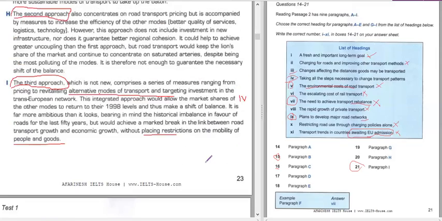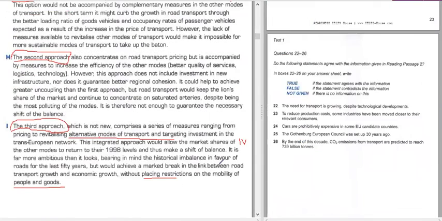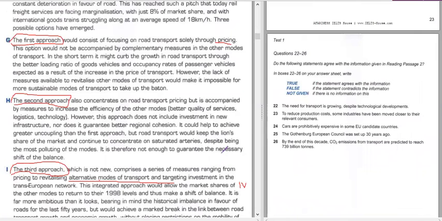Then it is true, false, not given. Which one was wrong here? True false, question 23: To reduce production costs, some industries have been moved closer to their relevant consumers.